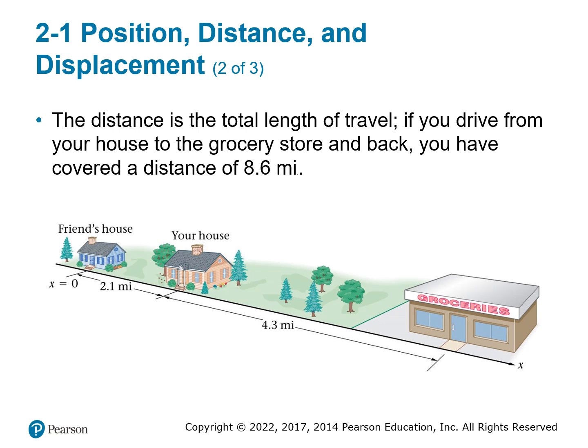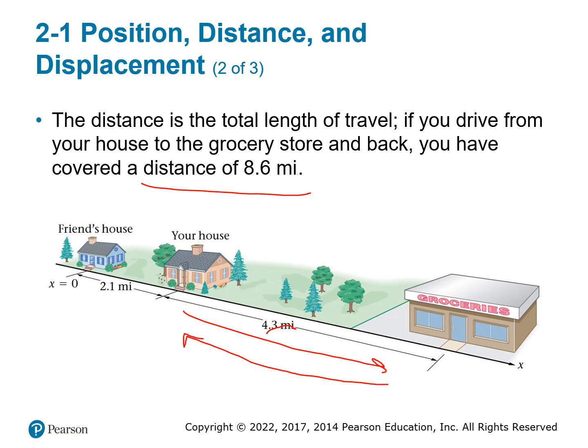Distance is the total length of travel, regardless of direction. If you go from your house to the grocery store and back, and the distance between your house and the grocery store is 4.3 miles, then if you go there and you come back, your total distance is 8.6 miles.